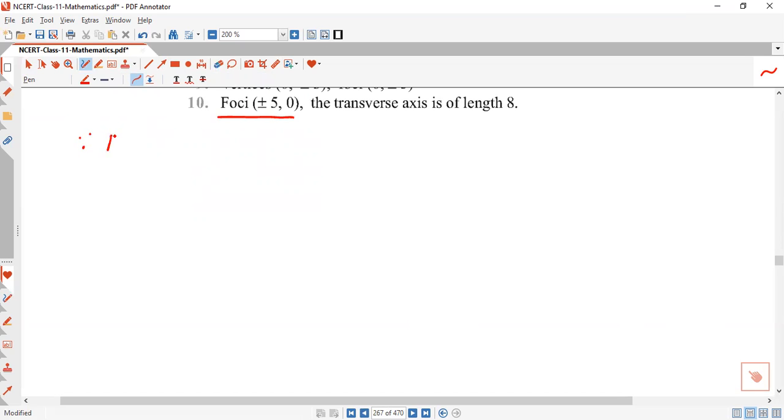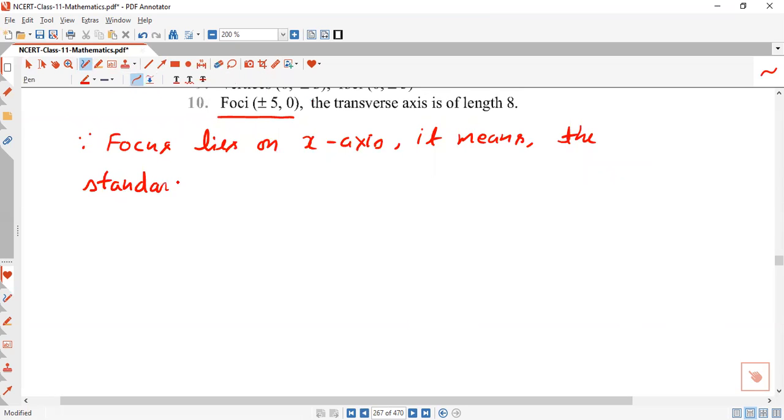Since foci lie on the x-axis, the standard equation of hyperbola is, first of all, I will write down the standard equation because foci lie on the x-axis means a square is positive.